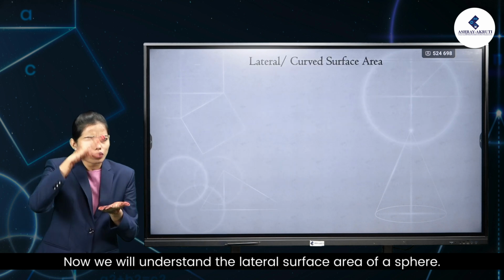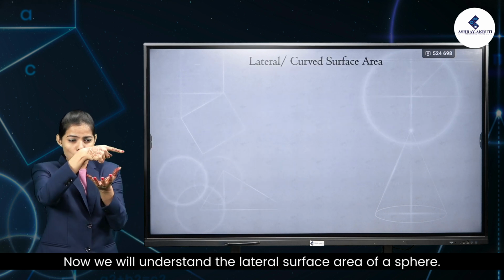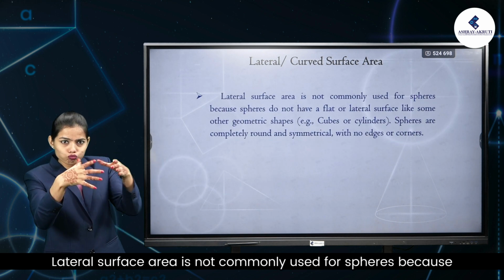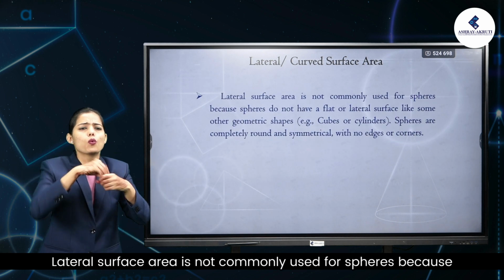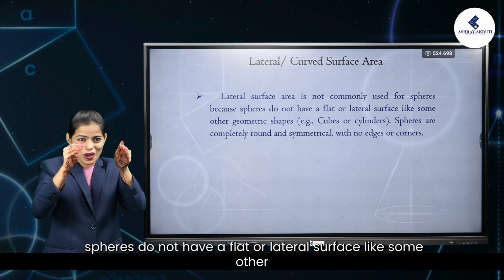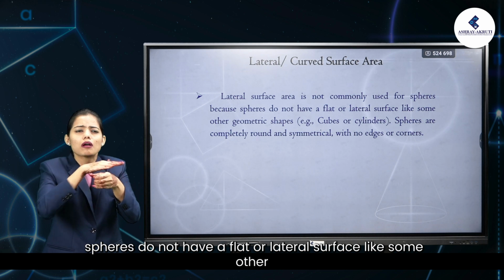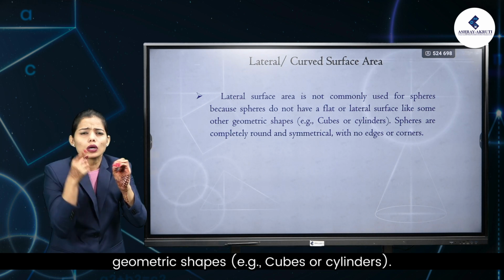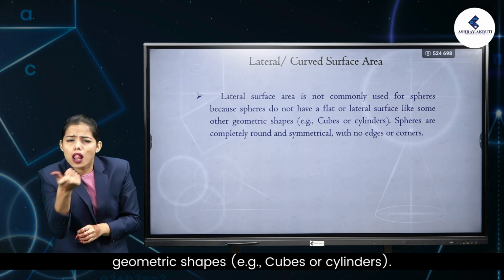Now we will understand the lateral surface area of a sphere. Lateral surface area is not commonly used for spheres because spheres do not have a flat or lateral surface like some other geometric shapes, for example, cubes or cylinders.